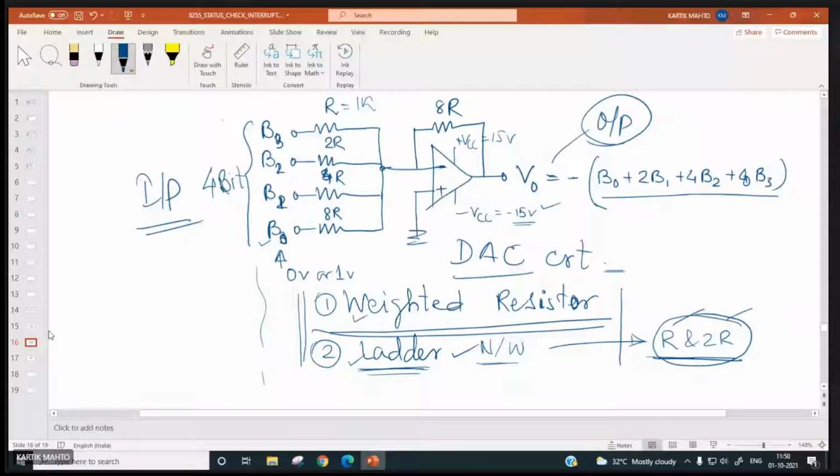Okay, so in this circuit, what do you find? Does your output depend on input or not? It depends on input directly, isn't it? Yes, sir. Any change you make, your output will change. So there is no time gap, isn't it? Yes, sir. When there is no time gap, do you require any handshaking?